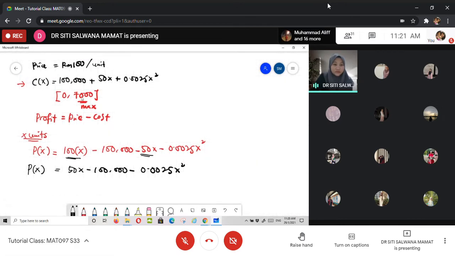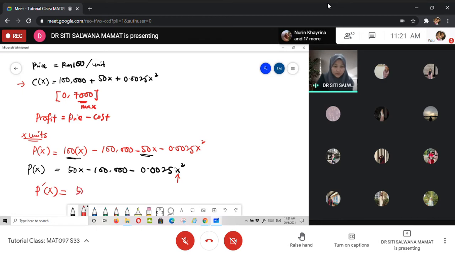rather than 0 and 7,000, kita cari X kan? What are the possible value for X ni? Berapa lagi production unit yang you boleh buat, yang kita boleh generate from this profit. Kalau you cari P prime X, so this is extremum problem. So you differentiate this. You dapat apa kelas?